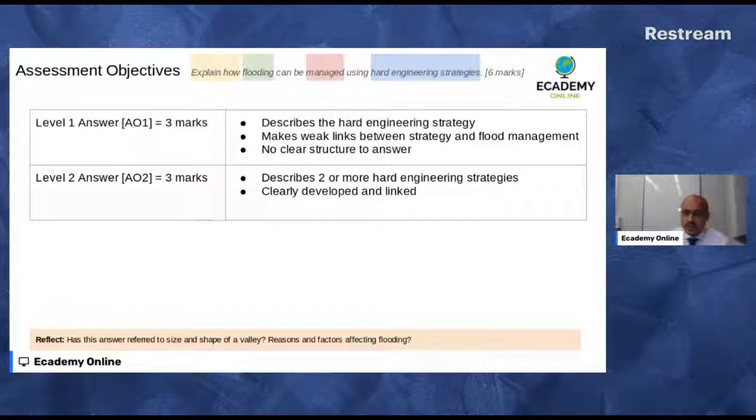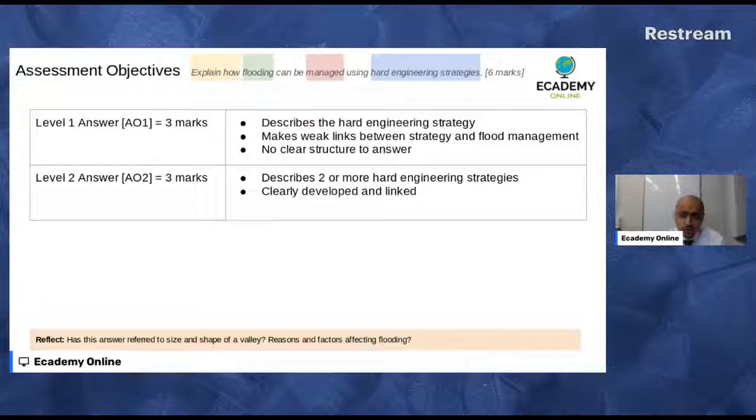Let's break this down into the assessment objectives. So for assessment objective 1 marks, you get 3 out of 6. And if you did 1 and then applied level 2 assessment objective, then you get an additional 3 marks. So this is what the exam boards would require you to do to get those 6 marks in total.